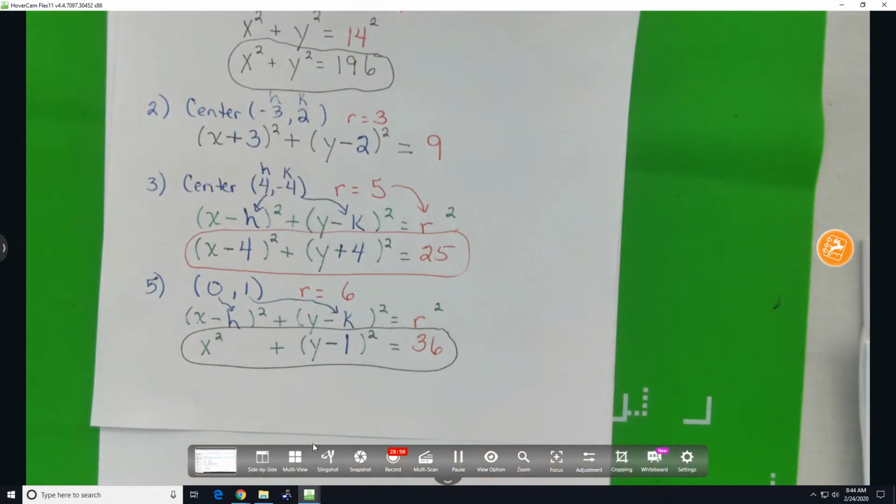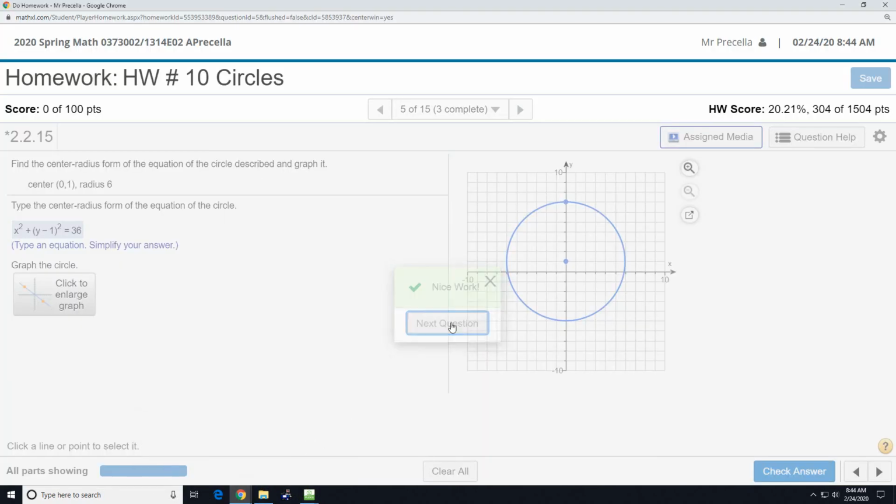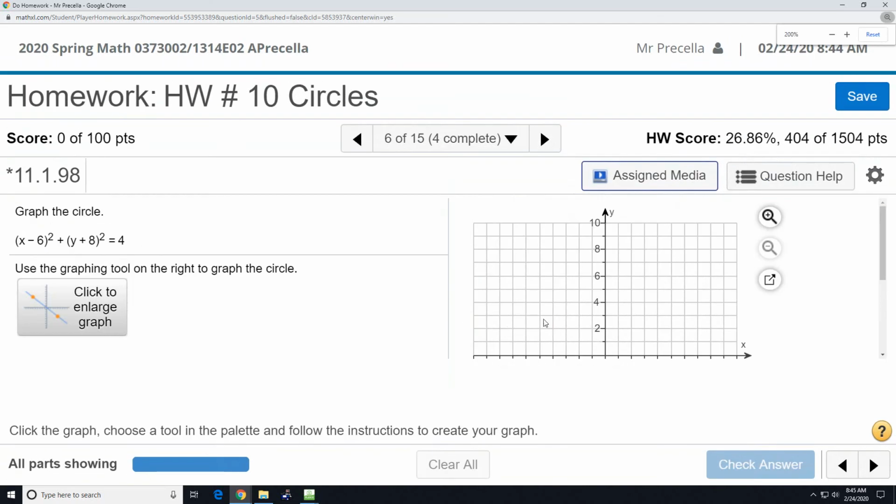I mention that because let's look at problem number 6. Problem 6 says graph the circle. Notice it didn't tell us that center and radius. If you're going to graph a circle, you absolutely positively must know the center and radius.